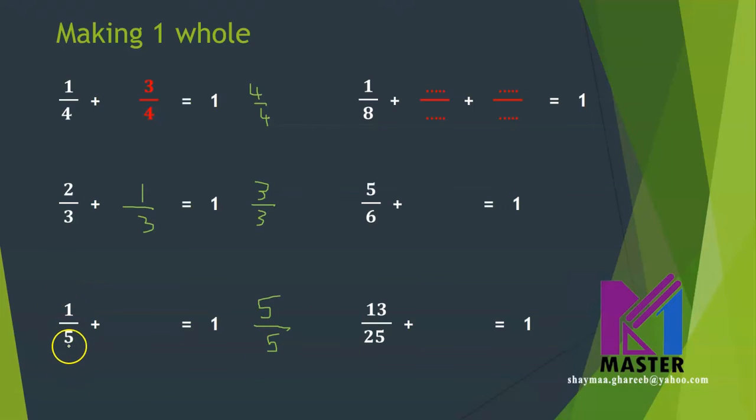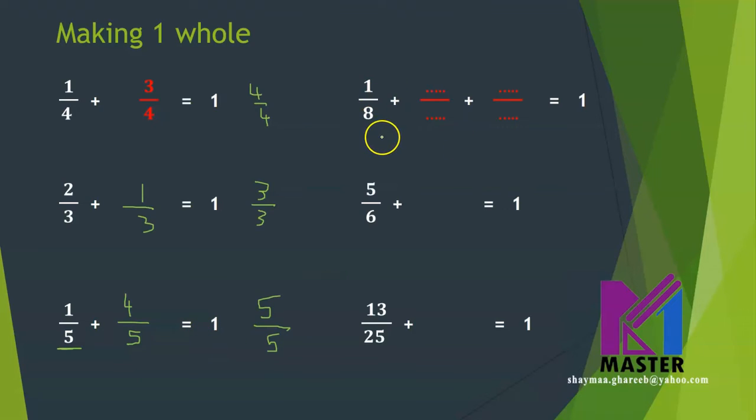I only have 1/5, so we said the total of the numerators must equal the total number of parts, which is 5 in this question. So 1 plus what gives 5? Plus 4, and 5 as our denominator. So 1/5 plus 4/5 equals 1 whole. So the total number of fifths here is 5/5, which is 1 whole.